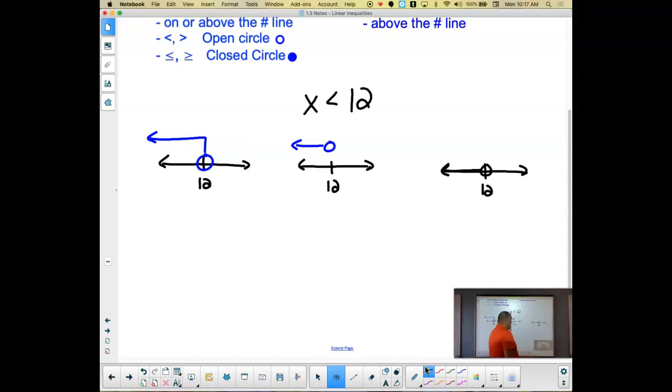Okay? I just put x is less than 12 on that number line, but I can't distinguish it because I used one color. If you're going to not go above the line with your arrows, you need to use a second color, and you need to make it distinguishable. Okay? So this would be bad. Okay? Because we can't distinguish it.